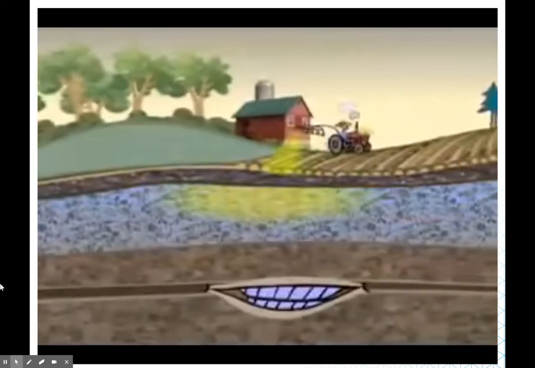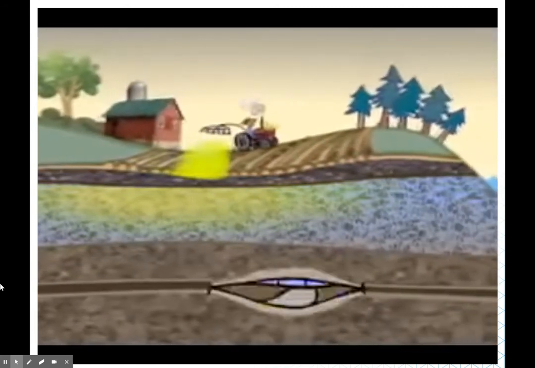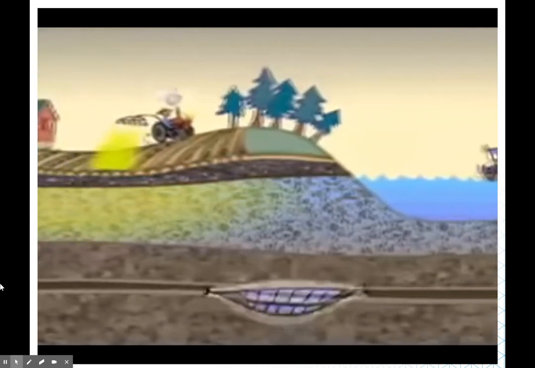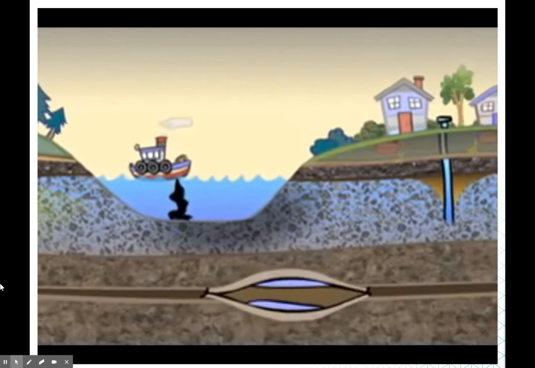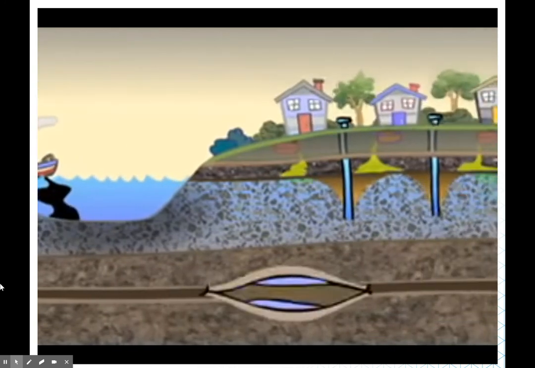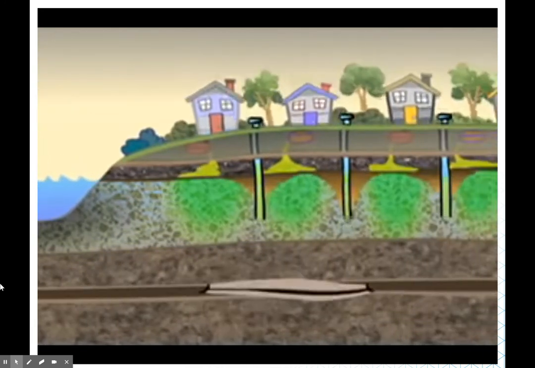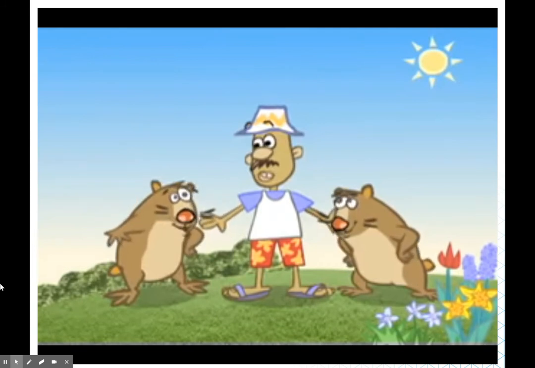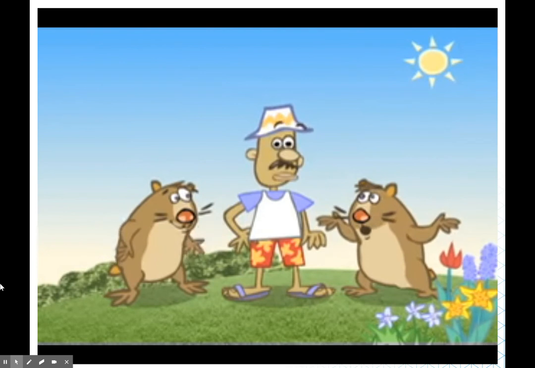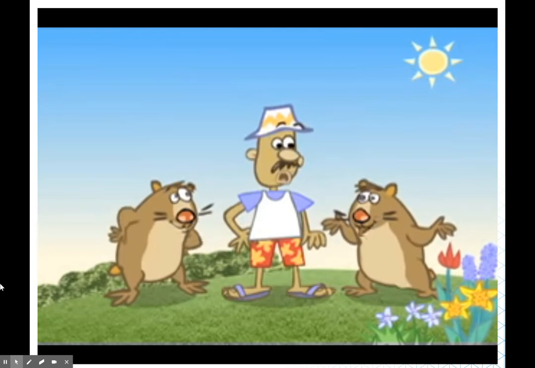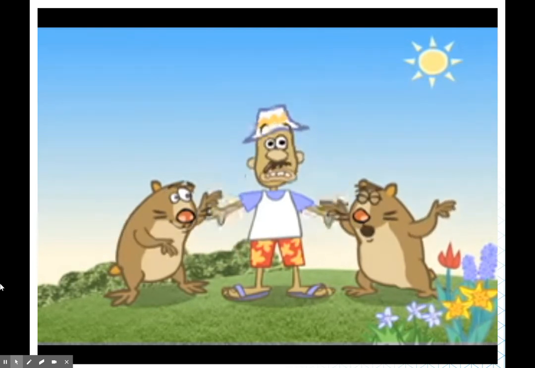I'm groundwater, my power is vast, but waste and pollution keep me from my task. If we're not careful, clean water won't last. What will we do if the water is gone?